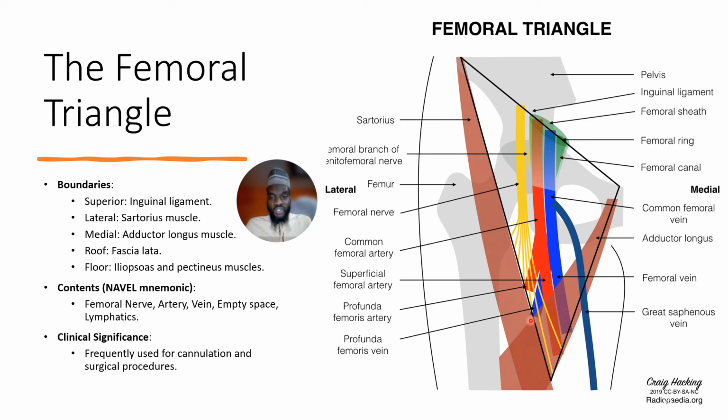Then you can see the vein as well. This is the deep femoral vein, and then it empties into the common femoral vein, and then the great saphenous vein also comes to empty into the common femoral vein, which then continues superiorly.